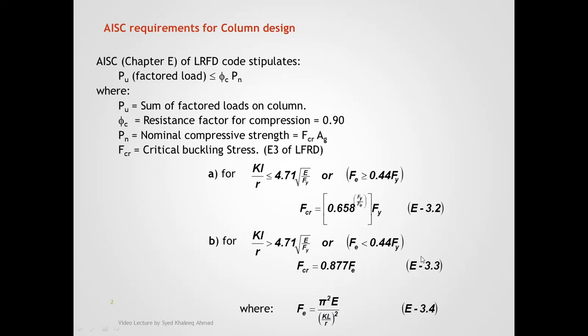This is equation 3.3. Now Fe is same as you have seen in the previous lecture. This is Euler's stress, pi square E over KL by r whole square. So this we can use when we are in the linear range, but for inelastic range, we will be using these equations.